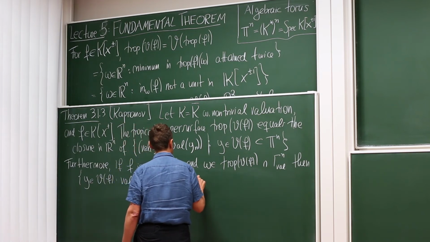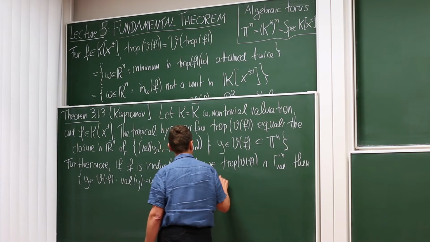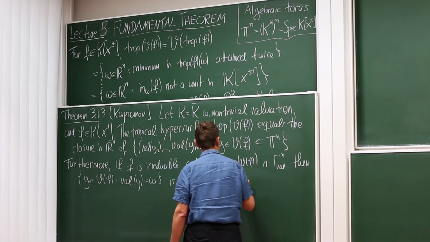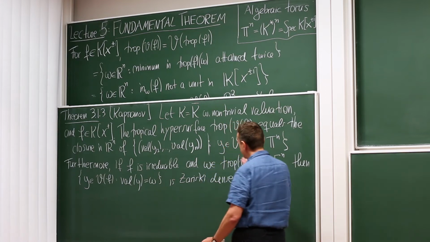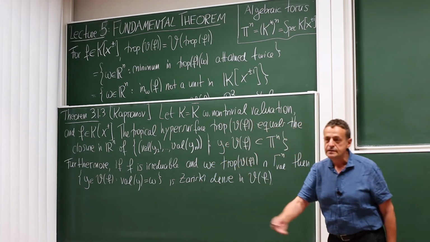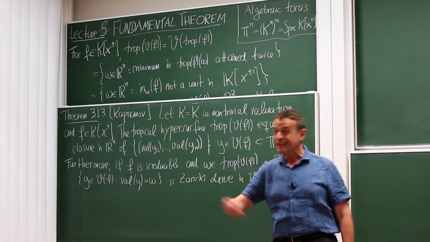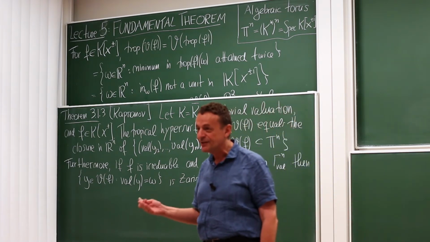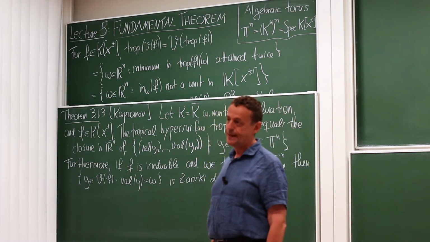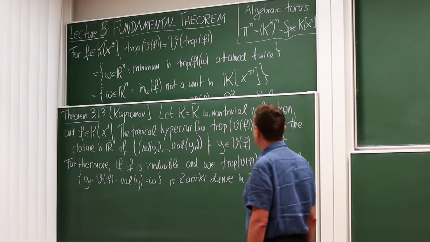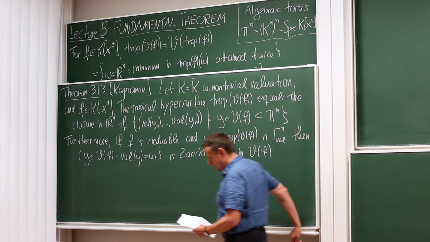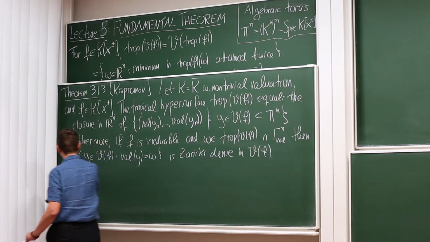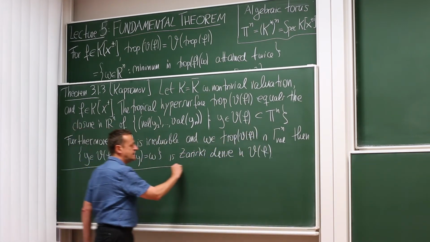It's actually Zariski dense in the classical hypersurface. So the furthermore sentence says not only is the valuation map onto, it's really, really onto. It has a very big fiber. So that's Kapranov's theorem. Let's see this in action in a small example.